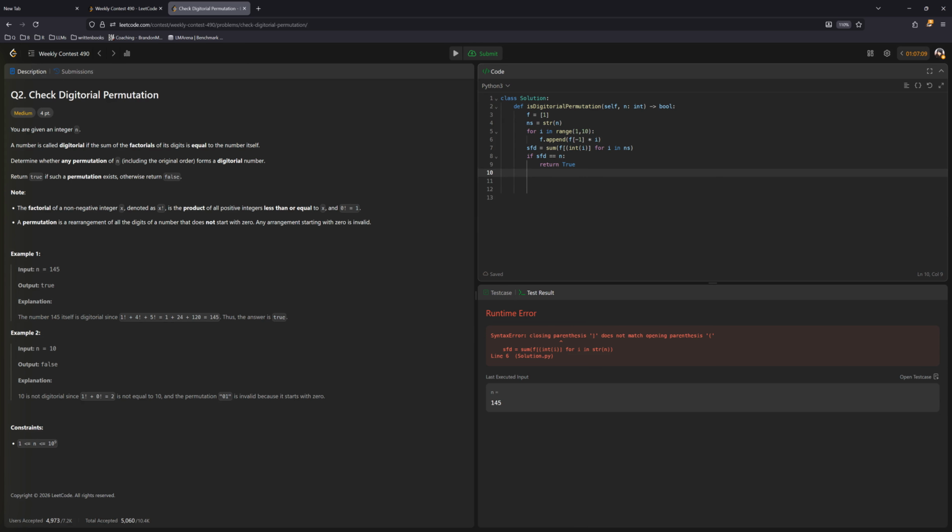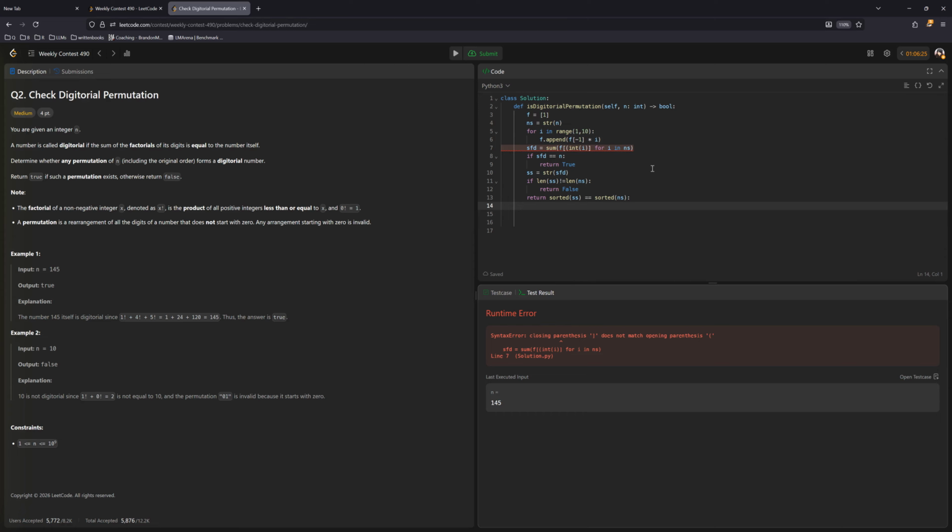in that case, okay, it would need to be the same length, right? Let's do ss equals str of sfd. If length of ss does not equal length of ns, then return false. Then if sorted ss equals sorted ns, then return true. Actually, we can just, so let's see here.